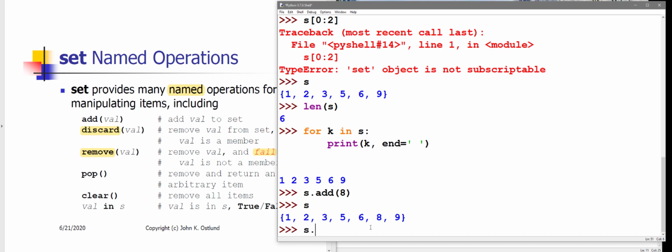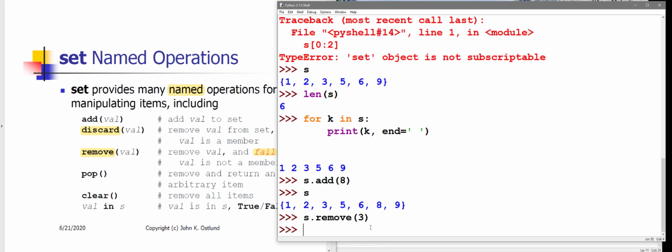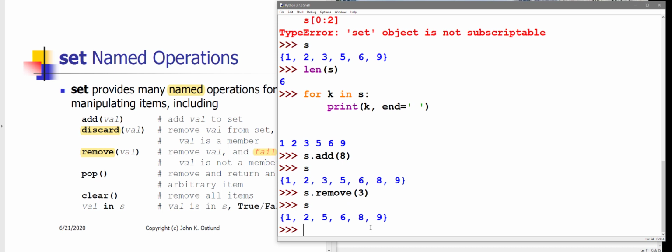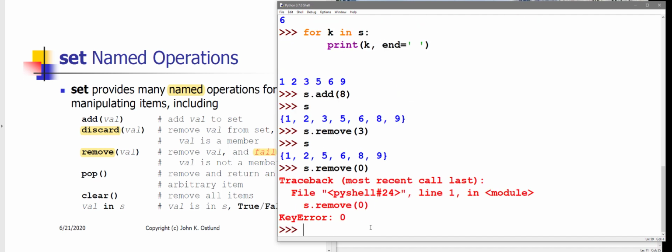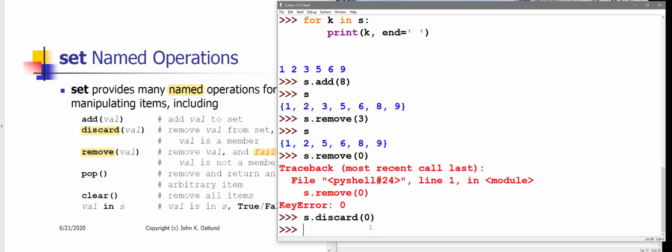So if I say s dot remove 3, this works fine, and 3 is gone from the set. But if I say s dot remove 0, there is no 0 in the set, and I get yelled at. I get told this is a key error. That is, the unique value 0 isn't found within the set S. On the other hand, if I say s dot discard 0, I don't get yelled at.